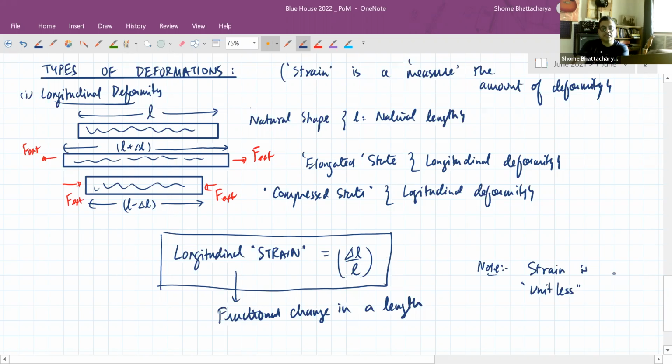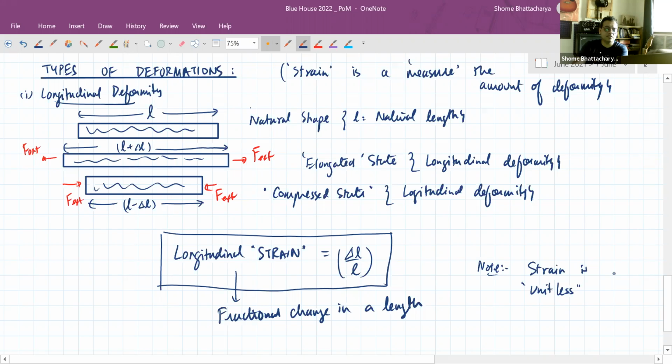Stress, we'll see, always has the dimension of force per unit area. So when we say how much strain the body is undergoing, we are trying to measure how much it has got deformed and how we measure it mathematically. So in case of longitudinal strain, we measure it mathematically as the fractional change in length.